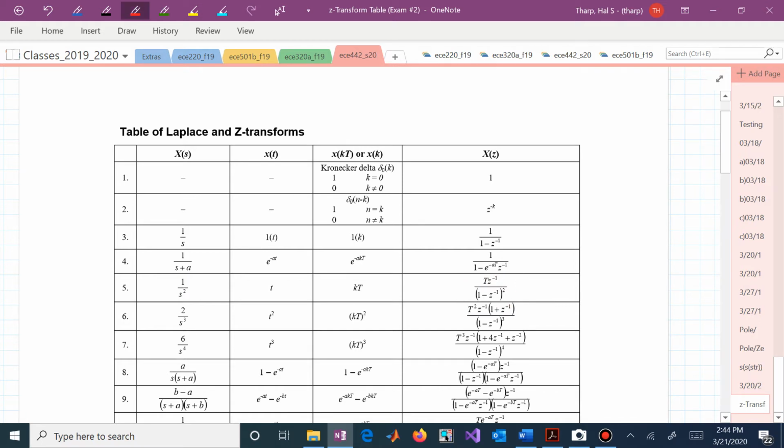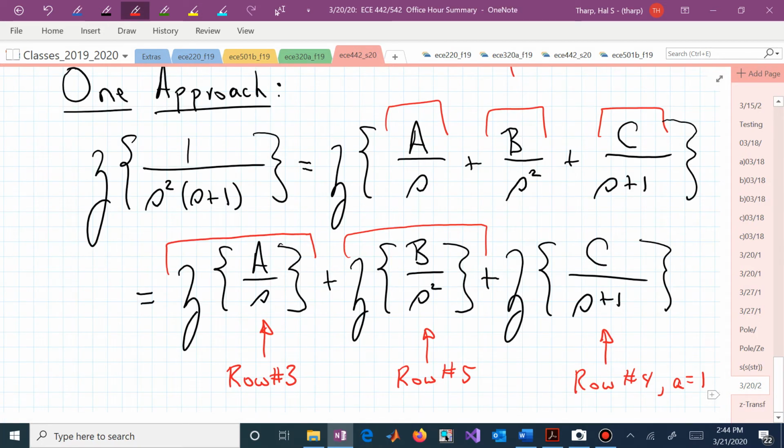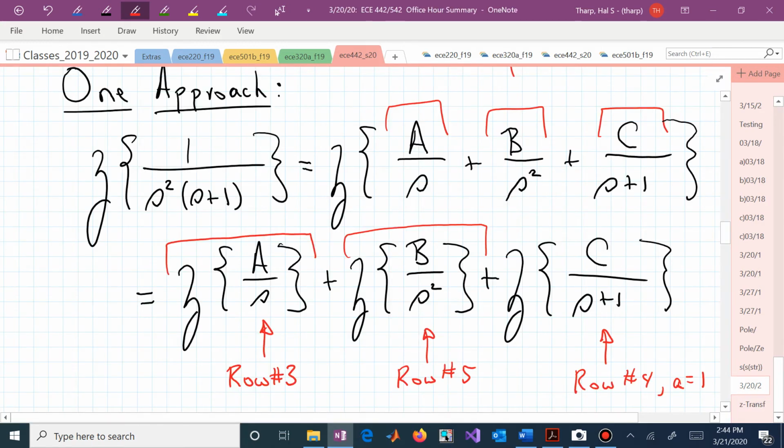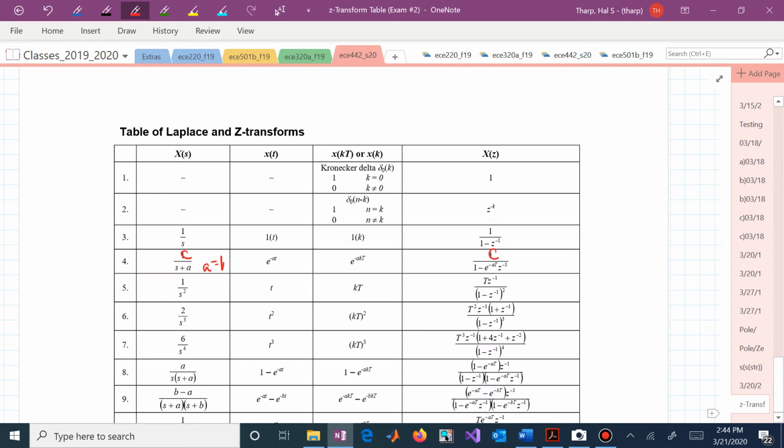Finally then, if we look at the third term, that's C over s plus 1, you go over here and you say, do I see a 1 over s plus something? And here, if you just let little a equal 1 and scale that by C, you can now replace all of this with C over 1 minus e to the minus aT z to the minus 1.